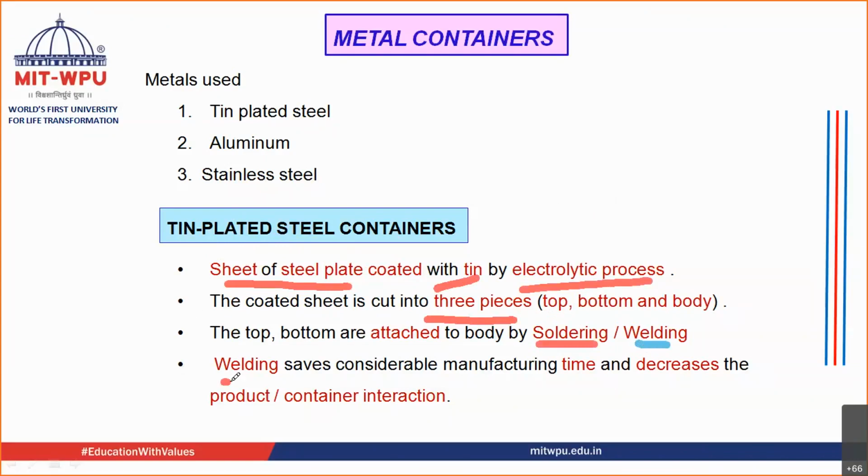Welding saves manufacturing time of your container, and secondly it decreases the product or container interaction. So the product container interaction is reduced because of welding. Hence welding is more preferred instead of soldering, right? This is about tin plated steel containers.